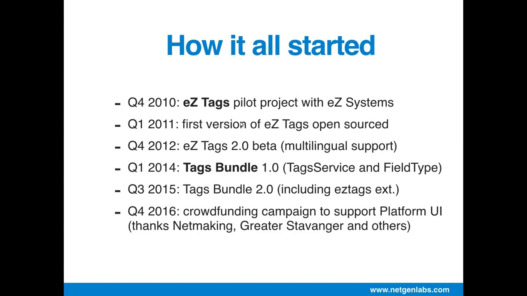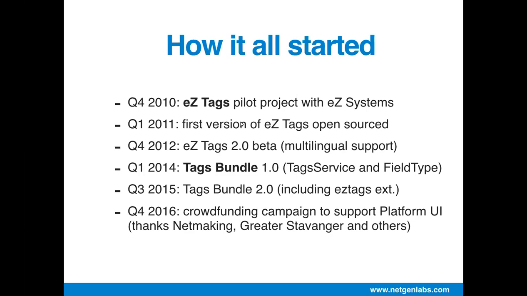In Q4 2016, we estimated that to support the platform UI, which had just been released in 2016, we needed a bit more work to support the interface for editing the field type, because we didn't have the interface. We just had the field type on the API level.